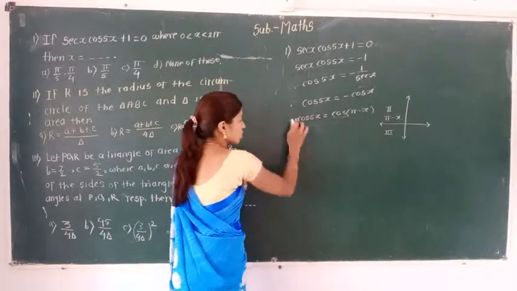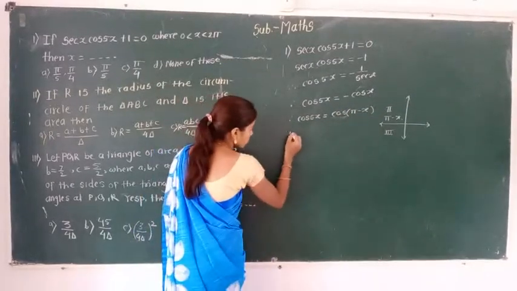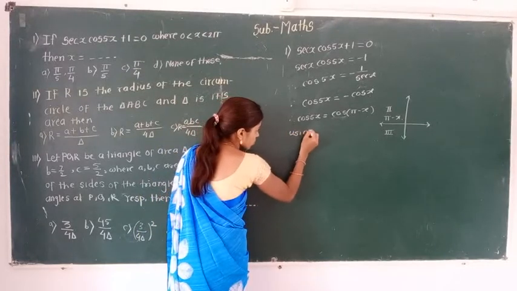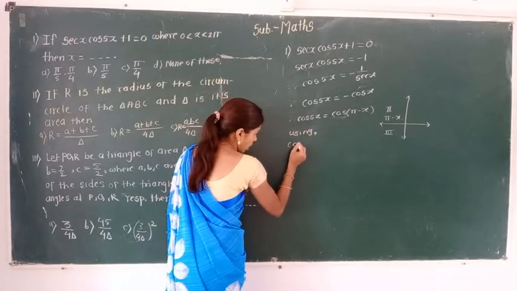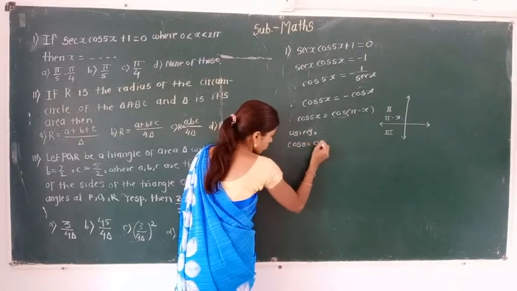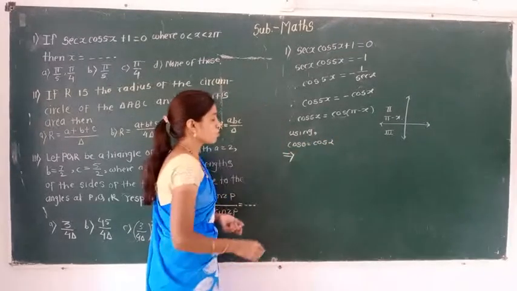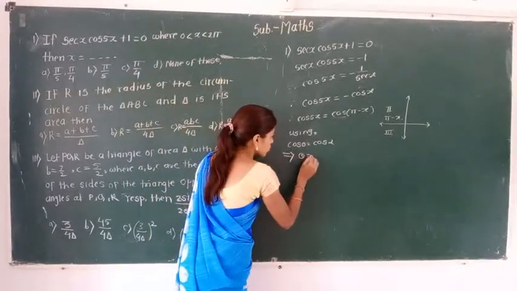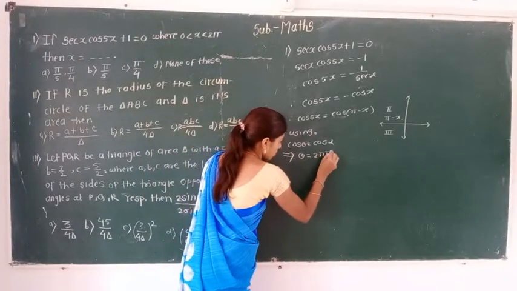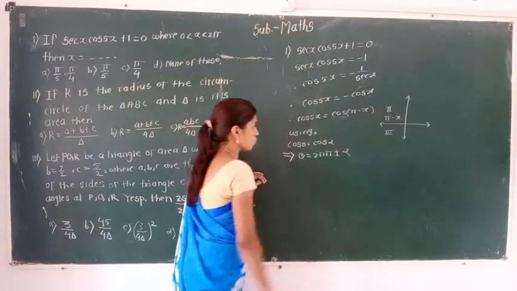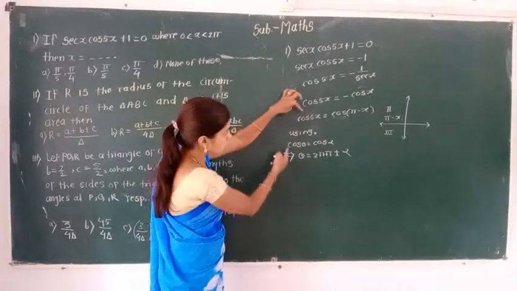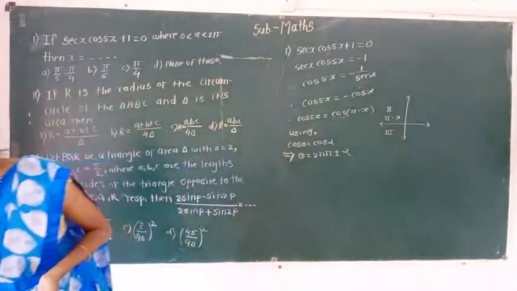So this result is of the form cos theta is equal to cos alpha, and we know that the solution of this type of equation is theta is equal to 2n pi plus minus alpha. So first of all compare these two equations.